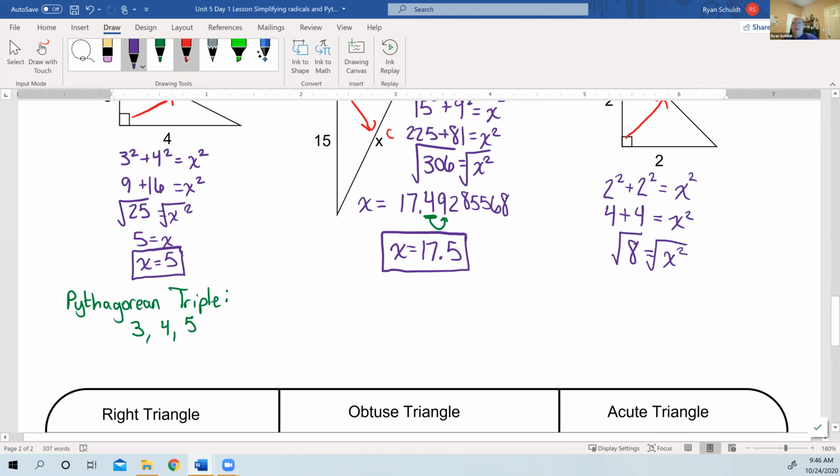So that's where we do like we did in the very beginning. What multiplies to give me 8? 2 and 4. What multiplies to give me 4? 2 and 2. So couples go out.